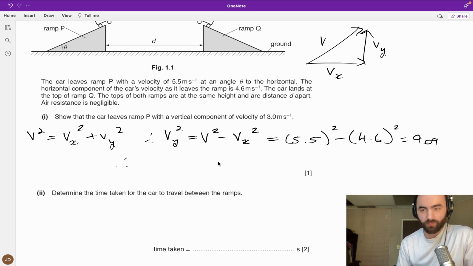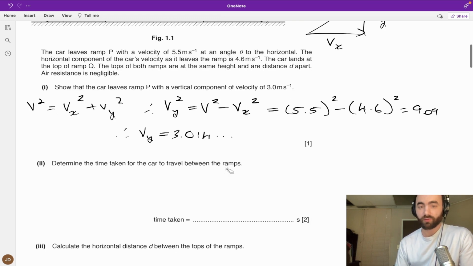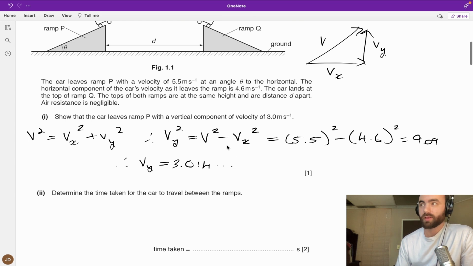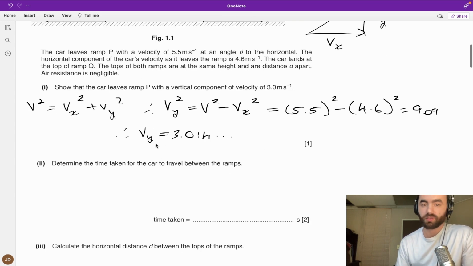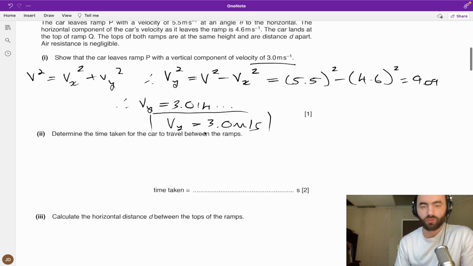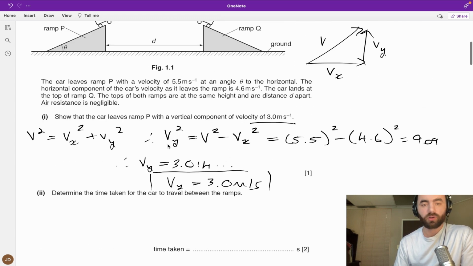The square root of this gives 3.014 and so on, but rounded to two significant figures, which, as I was looking through the answers, they always round to. So just round to two significant figures. Vy equals 3.0 meters per second, which is what they wanted. That's the vertical component of our velocity.